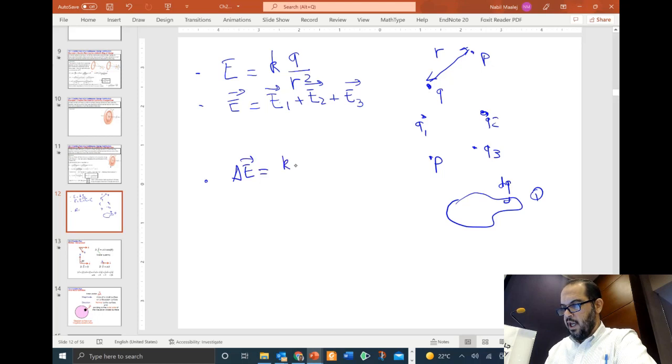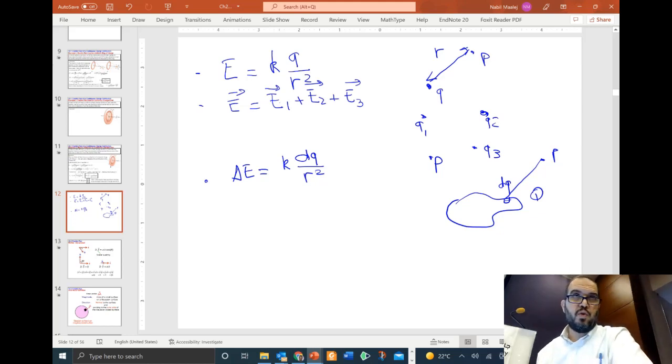It's just equal to k dq divided by the distance squared, r squared. So let's assume we are interested at a certain point P from this point. And if we add the contribution of all of these volume elements, dq1, dq2, dq3, the total electric field is actually the sum of all of the delta E's.